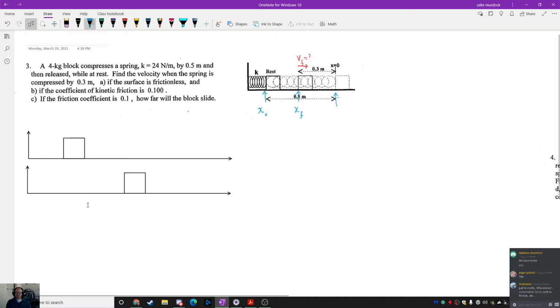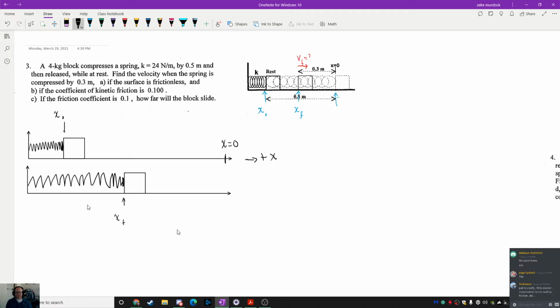And in both cases, we've got a spring connected to the block. It's a little bit compressed right here. I'll just put a little something like that to indicate that they're not attached to each other. And then this one is slightly less stretched. Again, the block is not actually attached to the spring. And we're saying that this position here is going to be x initial. This is going to be x final. And these positions are going to be measured relative to the 0 point, which I'm going to say is right here. So this is x equal to 0. This is the positive x direction.